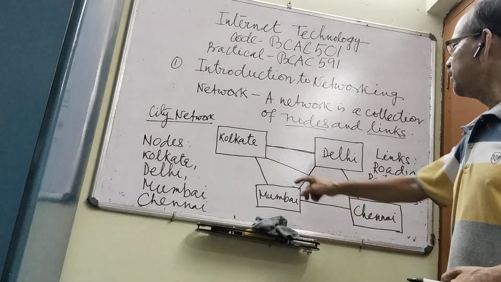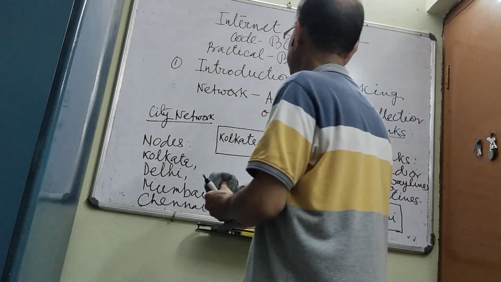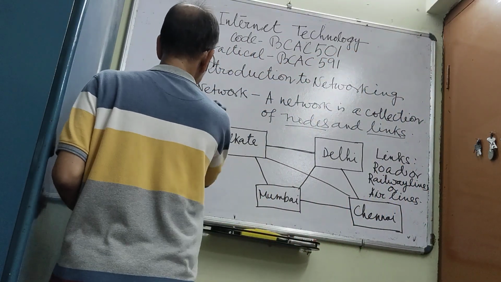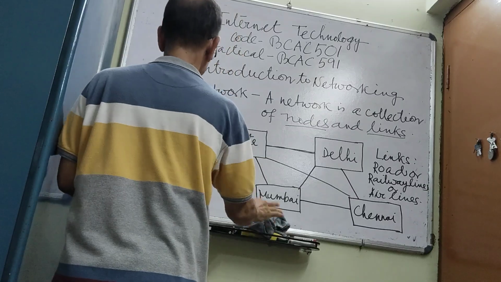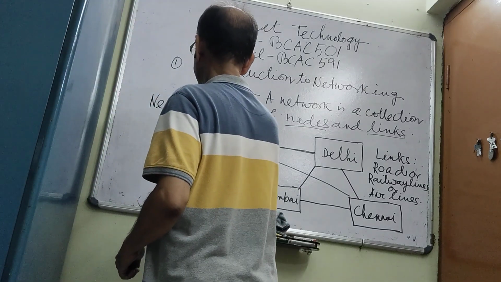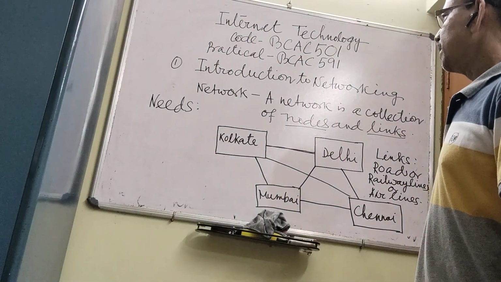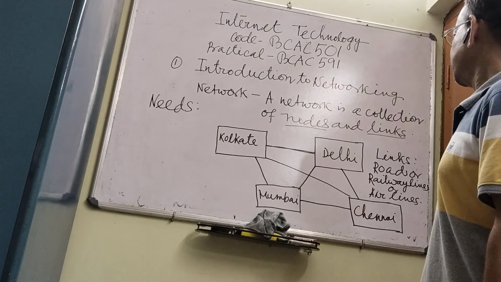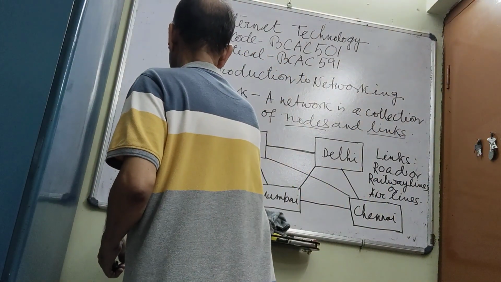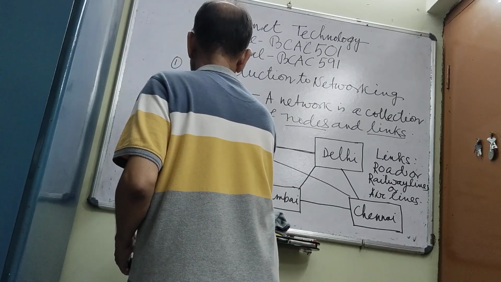So these are the nodes and these are the links. Now what are the needs? Why do we use the network? The basic need is, number one, communication.